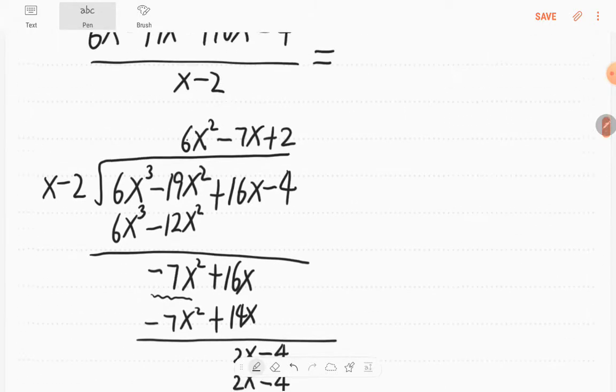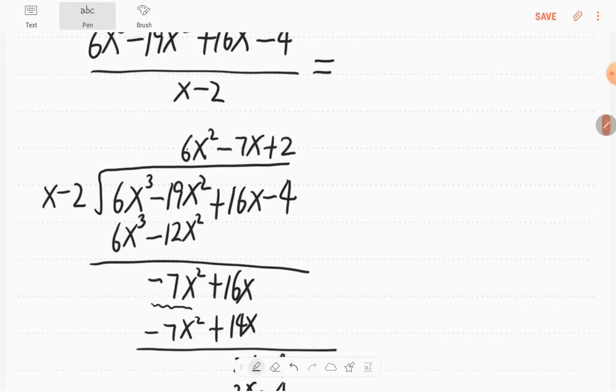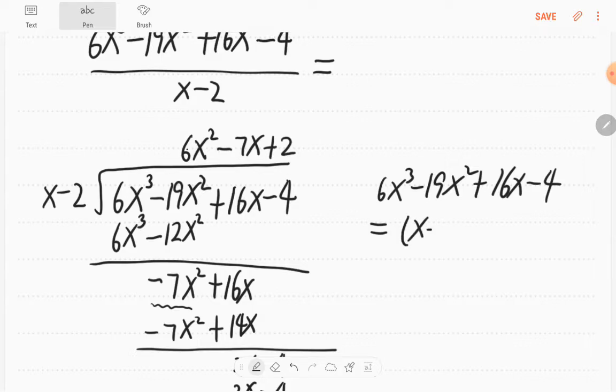This means 6x cubed minus 19x squared plus 16x minus 4 is equal to x minus 2 times 6x squared minus 7x plus 2, right? So if you write this one, we actually factorize it, and we reduce the order from third to this part, right? This is okay now. And we just need to factorize this part using other methods, right?